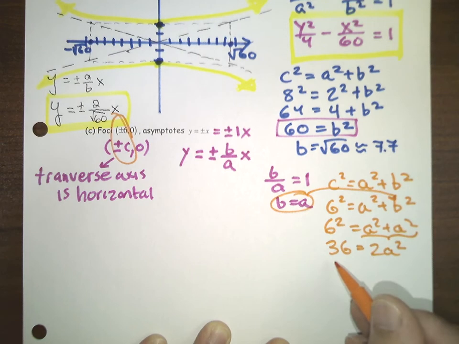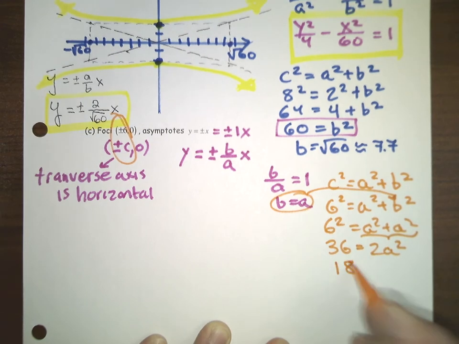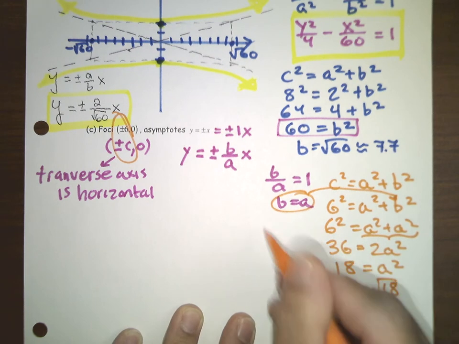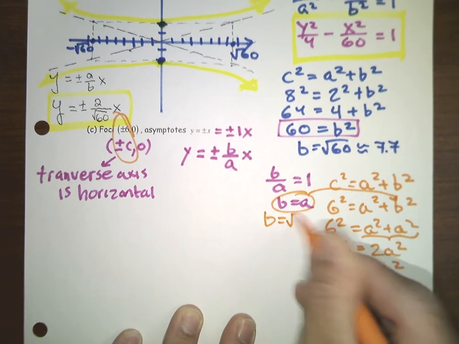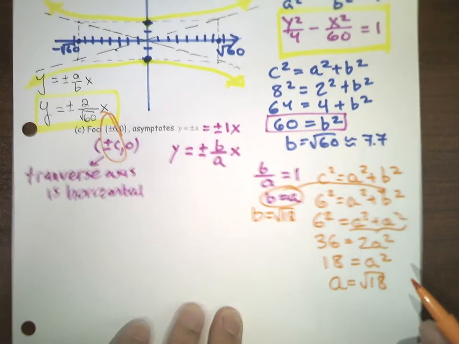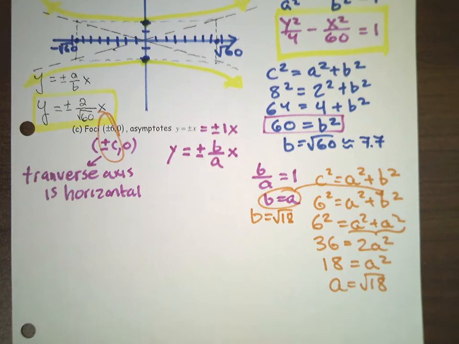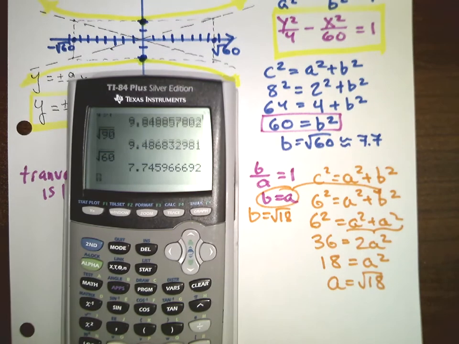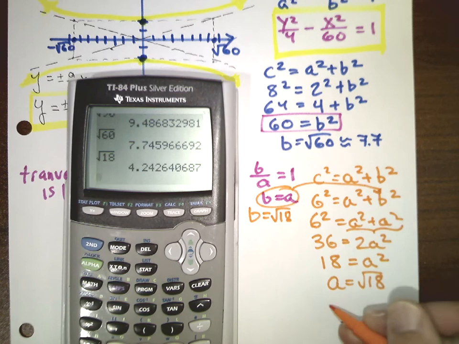Then I divide by 2 to get 18, so 18 is a squared, and then I can take the square root to get a is equal to the square root of 18. And so that means that b is also the square root of 18, since a was equal to b. All right, so let me show you what that is. The square root of 18 is about 4.2.